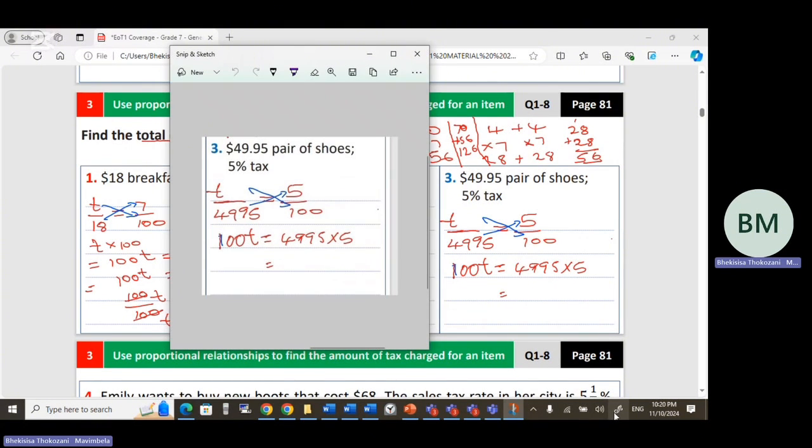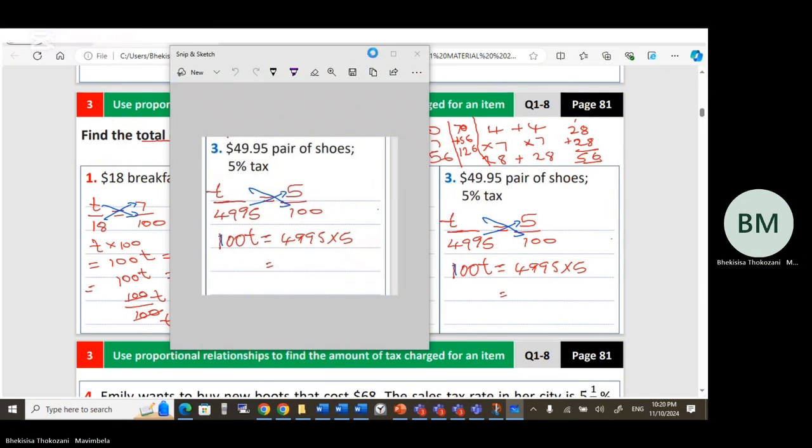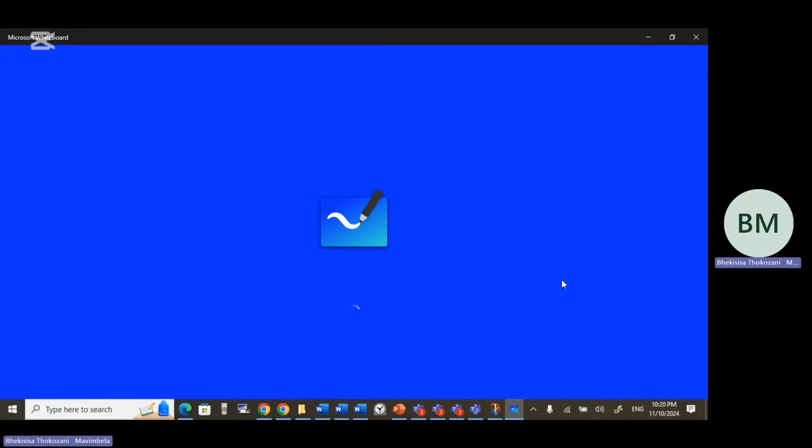All right, we'll do it on this whiteboard because there's no space there.